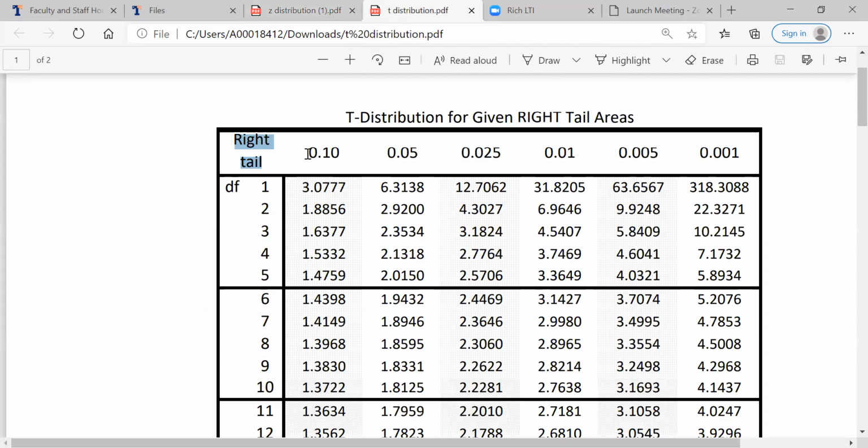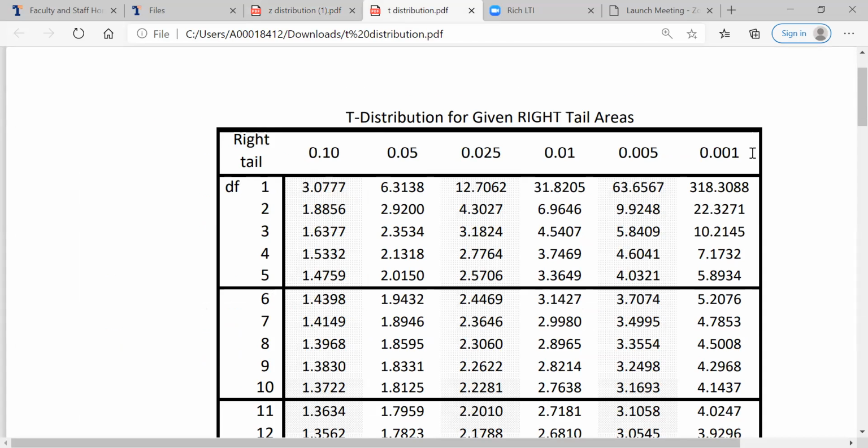In the t-chart, the areas are on the top. So as you can tell, this t-chart is very limited in the areas that it can accommodate. It can represent a right tail area of 0.10, also known as 10%, or 5%, 2.5%, 1%, 0.5%, and 0.1%. So the areas are in a different location.